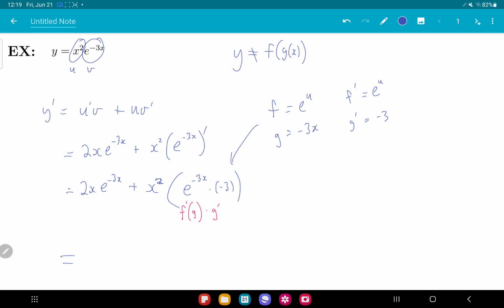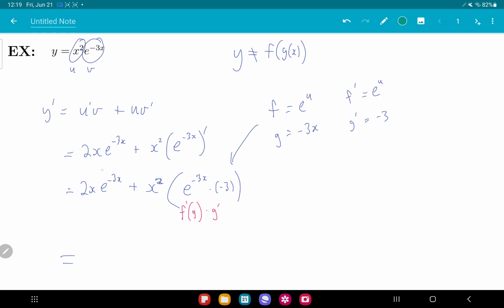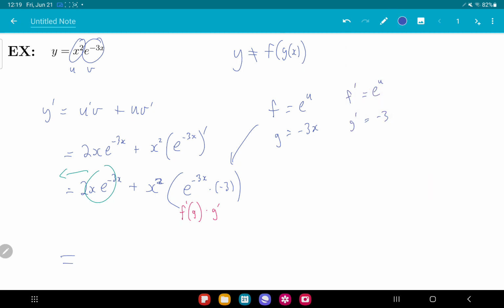Again, good habit is to factor. What do I see? I think I see in green, I'll say this can come out, right? X, e to the negative 3x, going outside. And what survives?